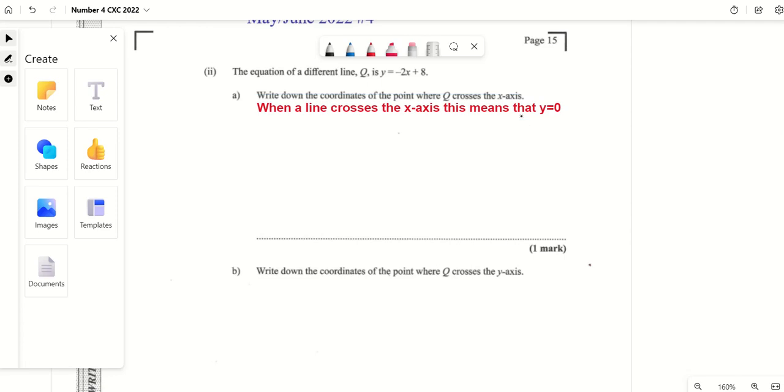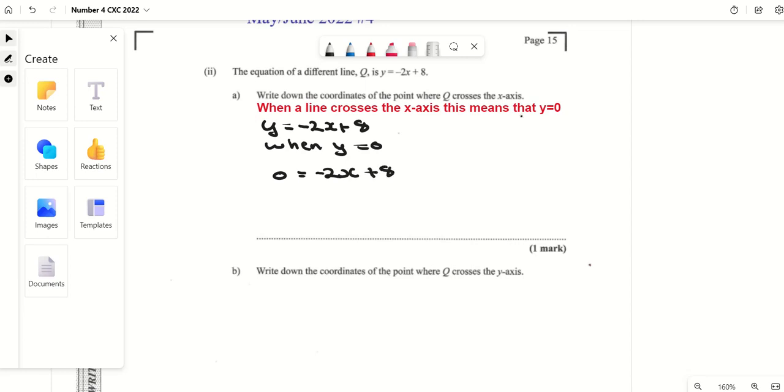So we know the equation of the line Q is y is equal to minus 2x plus 8. We know that y is equal to 0, so we have to find x. When y is equal to 0, that is 0 is equal to minus 2x plus 8.